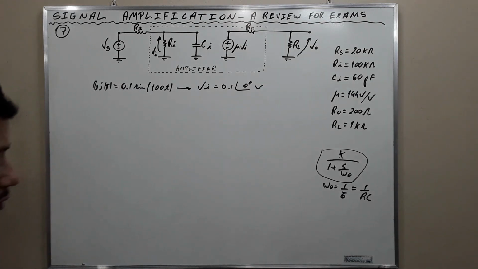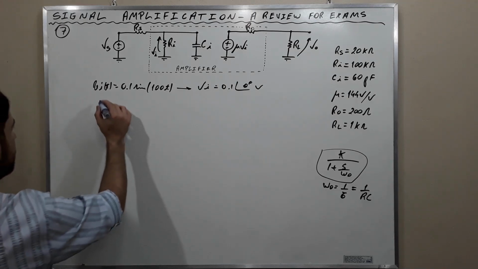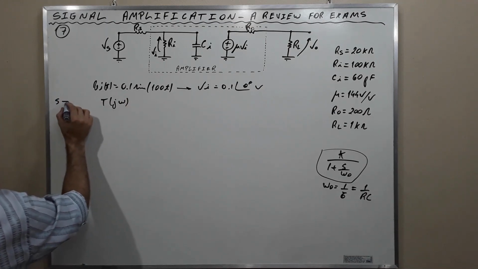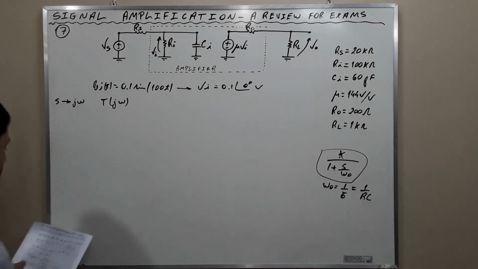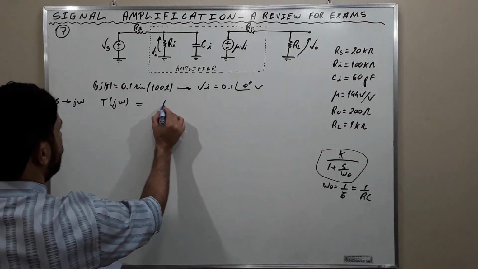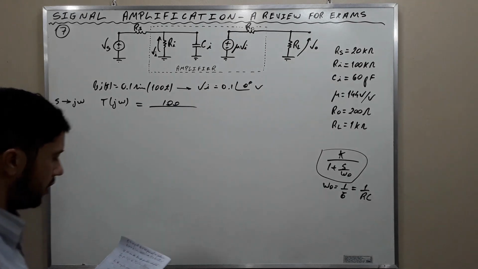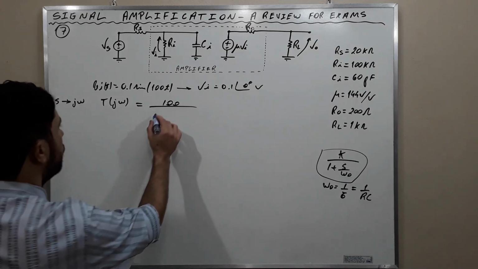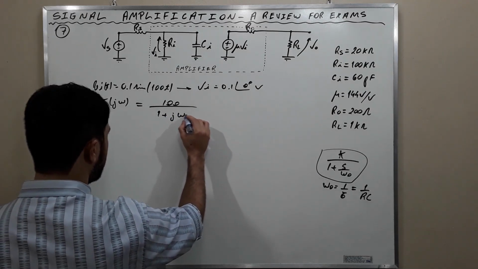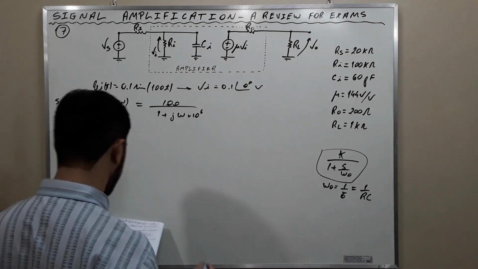We use the transfer function we calculated. For s equal to jW, T of jW is equal to 100 divided by 1 plus j10W times 10 to the 6th.